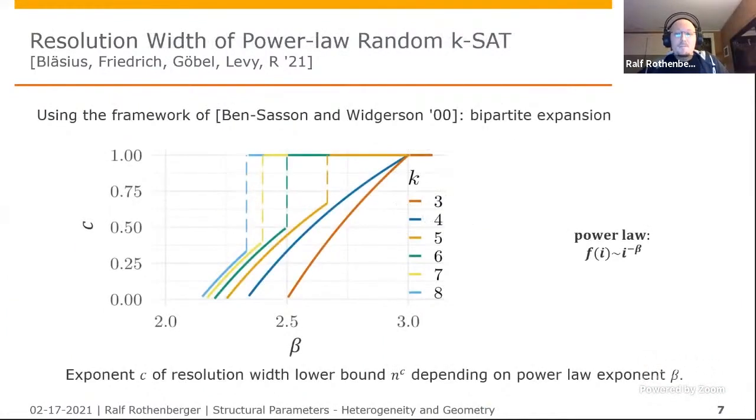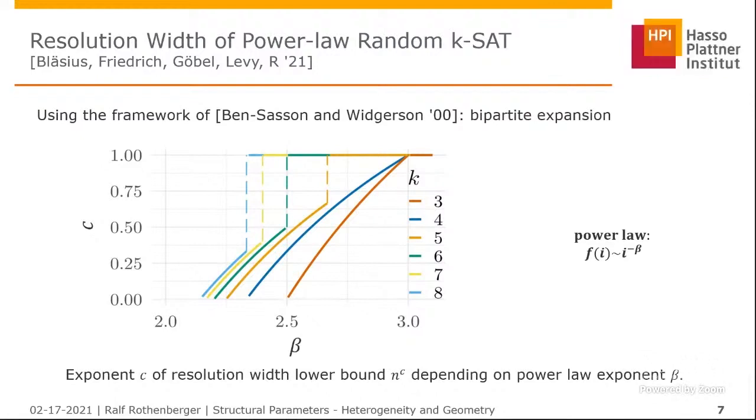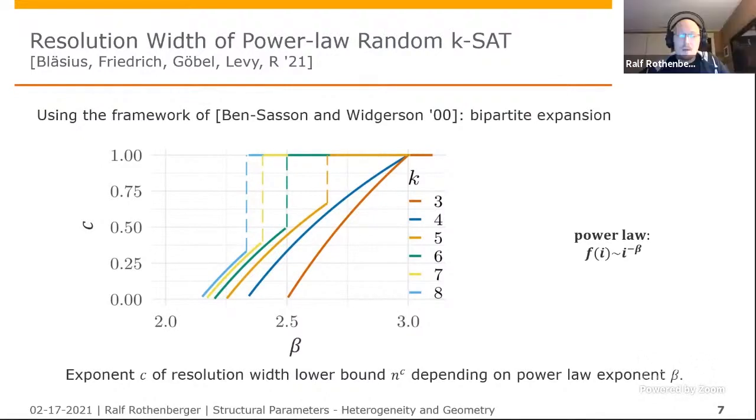Yeah. So we have two kinds of lower bounds. One of them uses bipartite expansion, as the result by Ben Sasson and Richardson does. The other one doesn't use expansion, but essentially the properties from the Ben Sasson Richardson framework that you need to show high resolution width, which are usually implied by expansion.